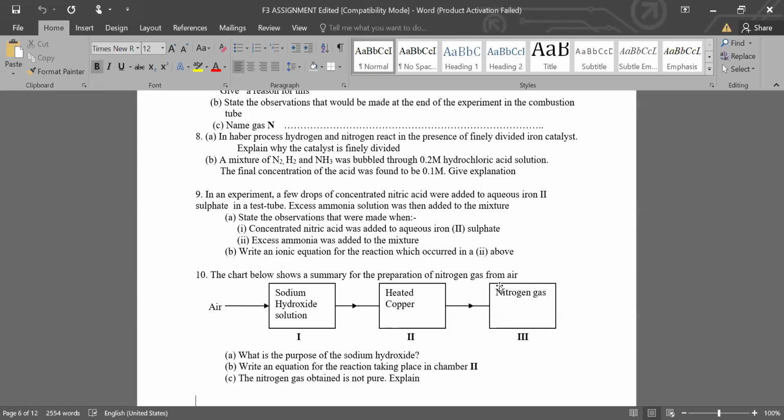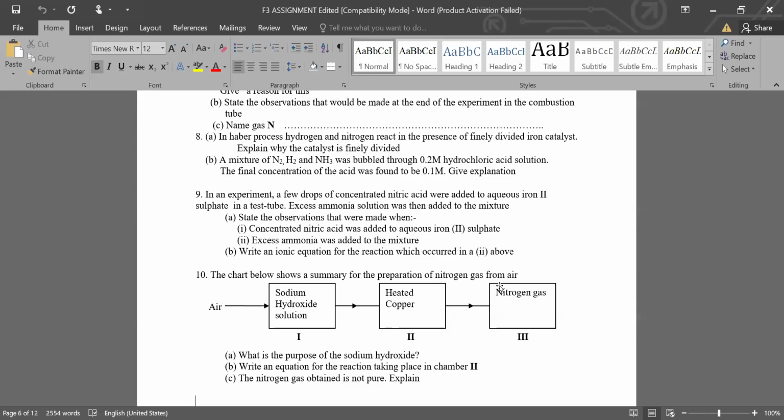What is the purpose of sodium hydroxide? To remove carbon dioxide. Write an equation for the reaction taking place in chamber 2. Copper plus oxygen to get copper 2 oxide.